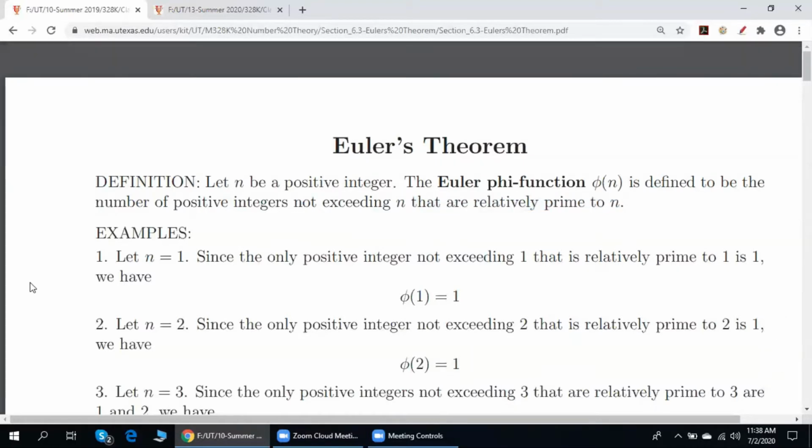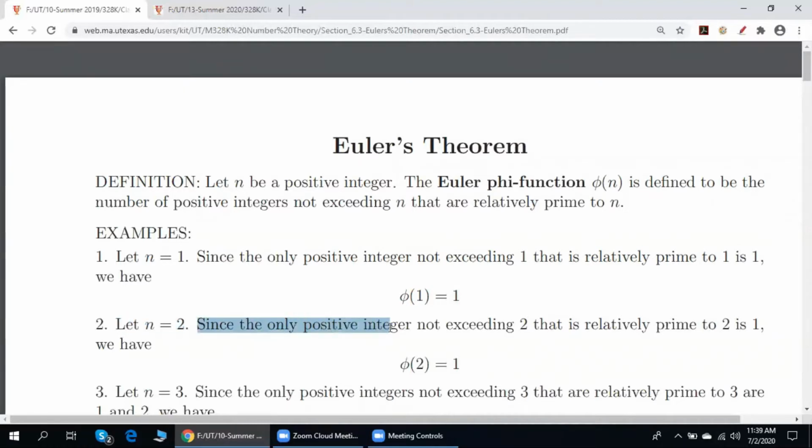Let us discuss examples. We start with 1. Since the only positive integer not exceeding 1 that is relatively prime to 1 is 1, we have the following: phi of 1 is equal to 1. Example 2. Let n be 2.